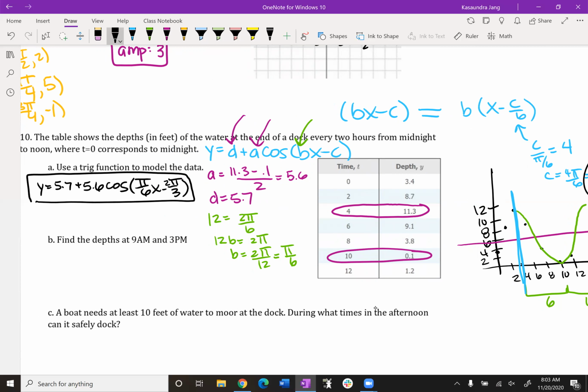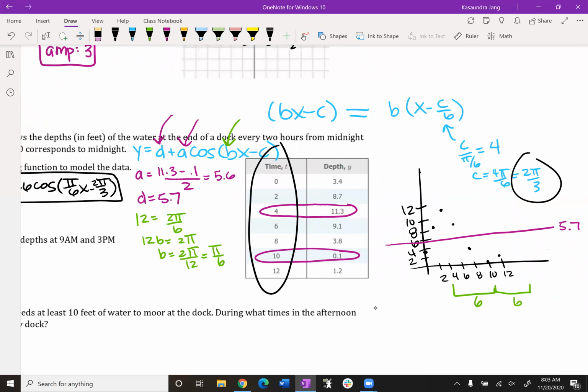And now we're going to use that trig function for part B, where you find the depths at 9 a.m. and 3 p.m. Okay, so 9 a.m. These are all, my x-axis are talking about my time in hours since midnight.